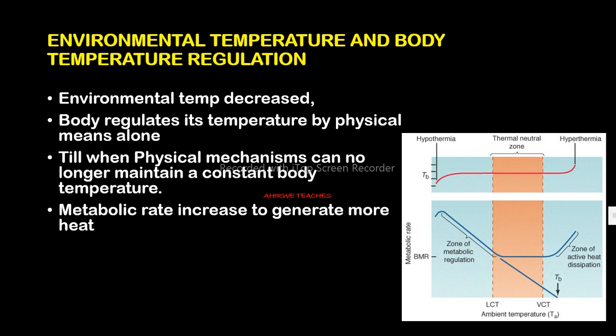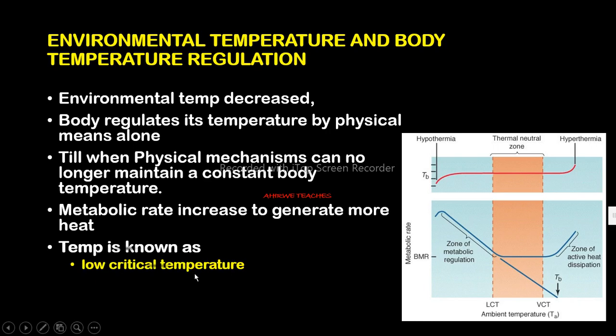That's when the body is going to switch on the body's metabolism, so that now regulation of temperature is by metabolism, by respiration. Okay? And so like I said, that temperature at which the body's physical mechanisms can no longer maintain the body temperature is known as the lower critical temperature.